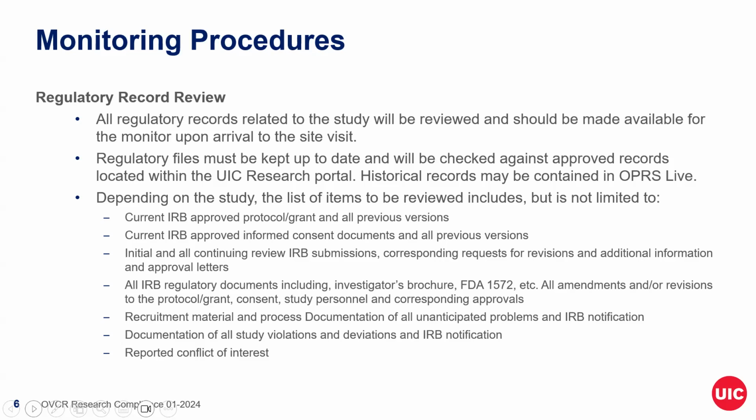All regulatory documents from the IRB, including the IBs, the 1572s, any amendments, consents, study personnel information, and other corresponding approvals, recruitment materials, and process documentation of all unanticipated problems and IRB notifications, and any documentation of study violations and protocol deviations and the IRB notifications for those, and any reported conflicts of interest.